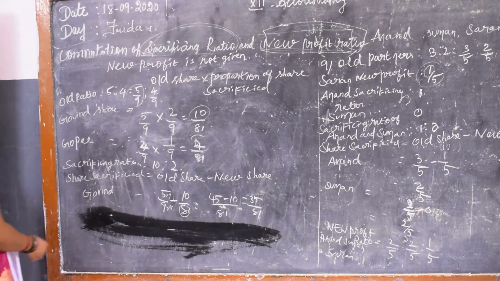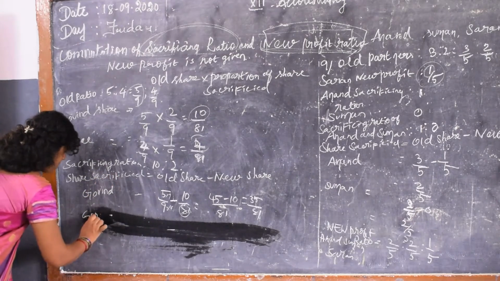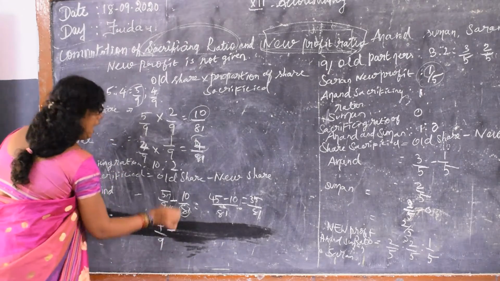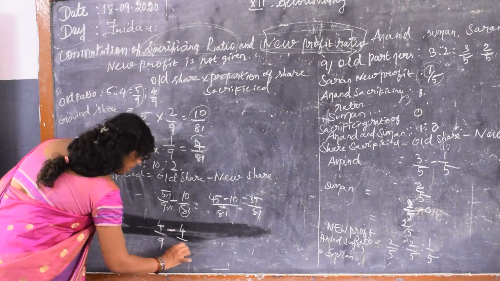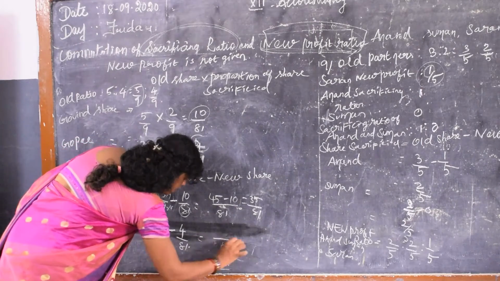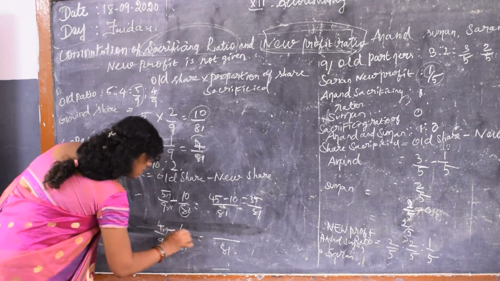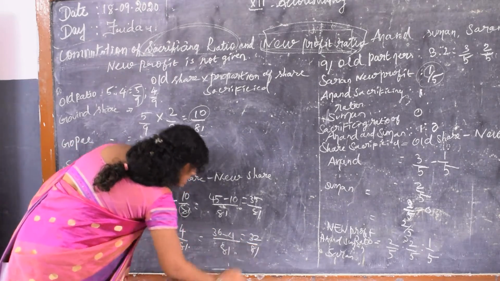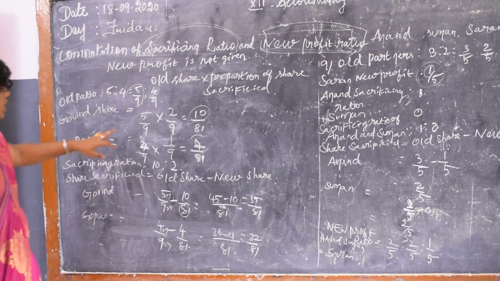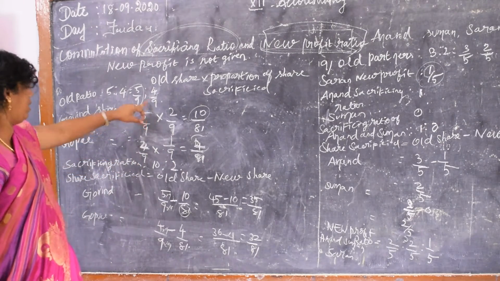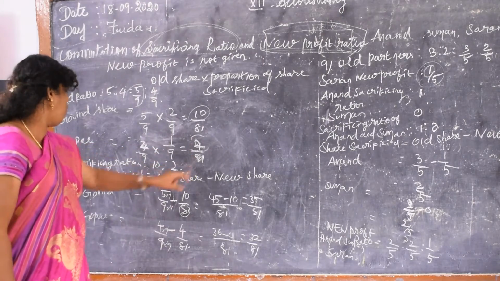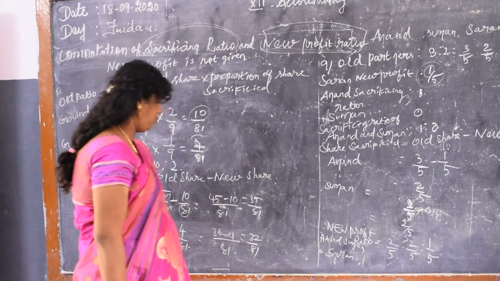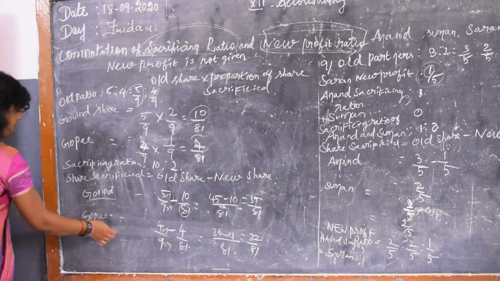Now we got the values for Govind and Gopal.